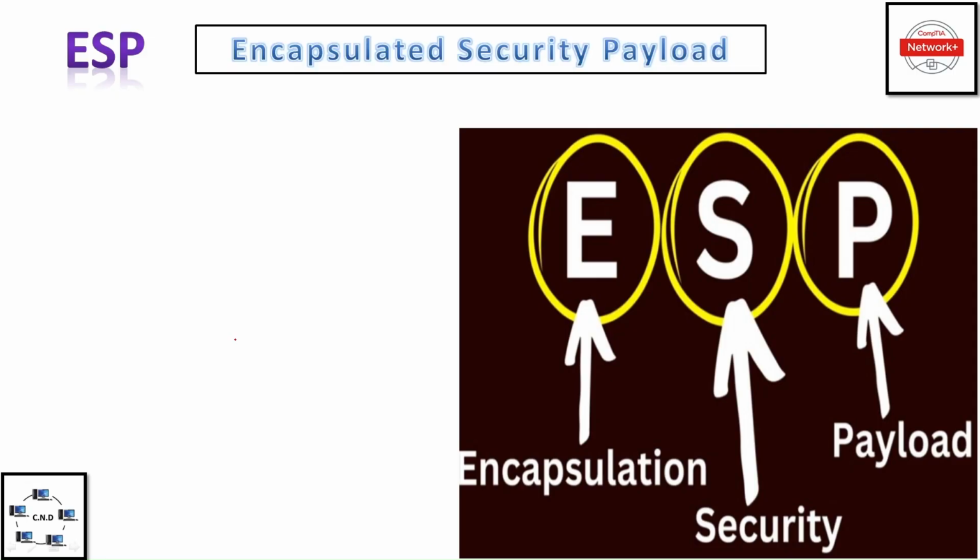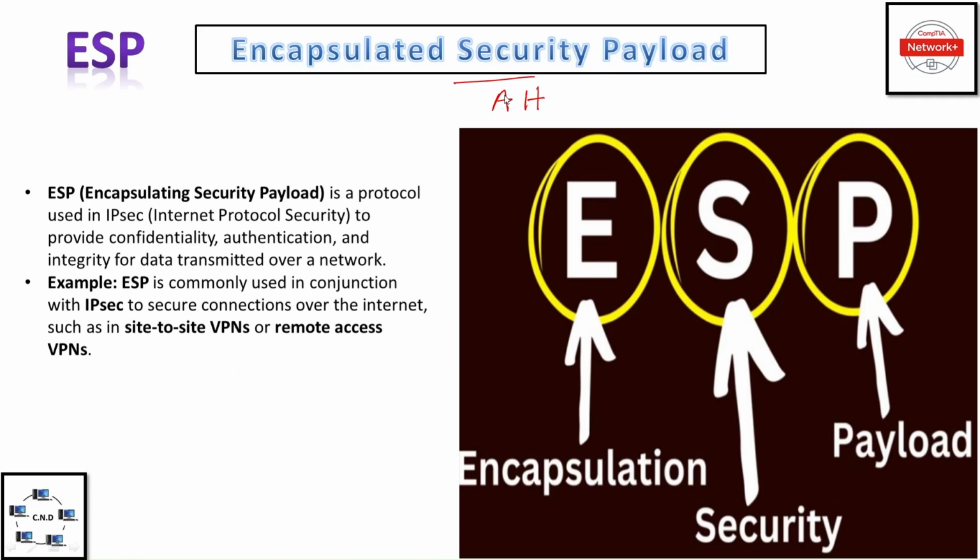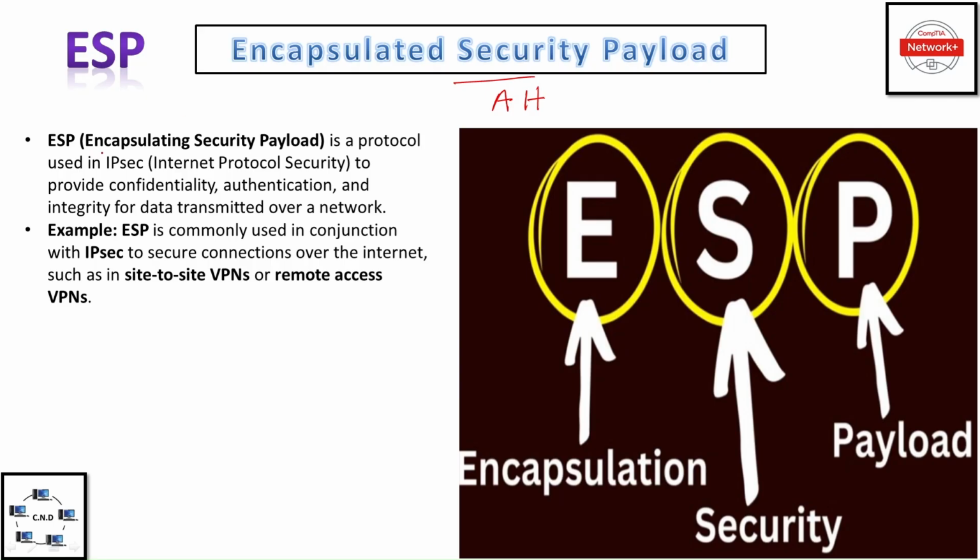ESP, that is Encapsulating Security Payload. That is the protocol that we were talking about along with AH, that is Authentication Header. We will explain it in a while. So ESP, Encapsulating Security Payload, is a protocol used in IPsec, that is Internet Protocol Security, to provide confidentiality, authentication, and integrity for data transmitted over a network.